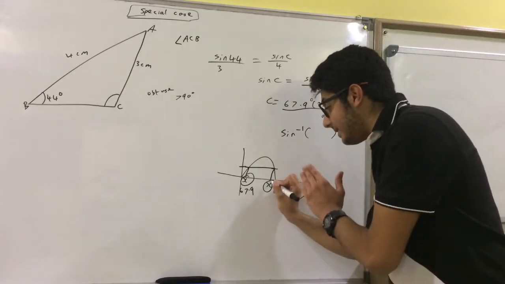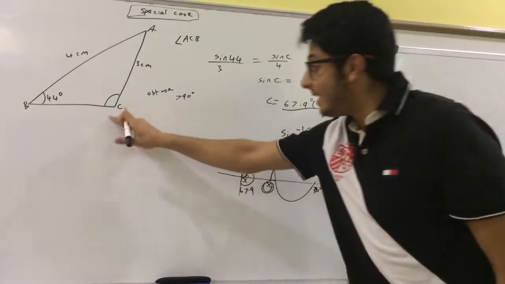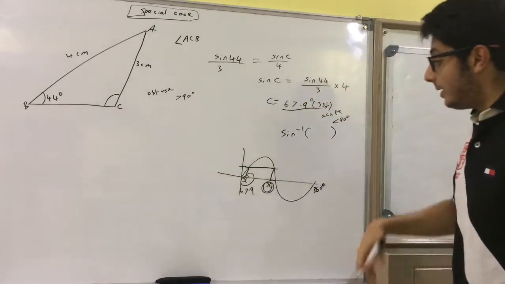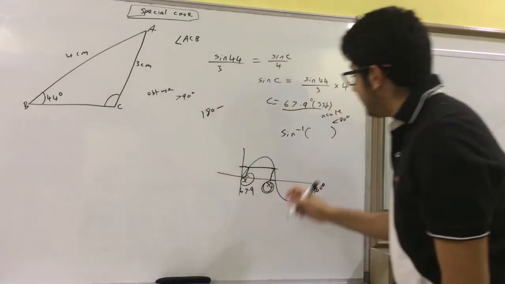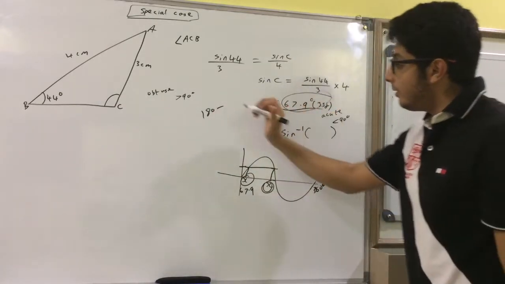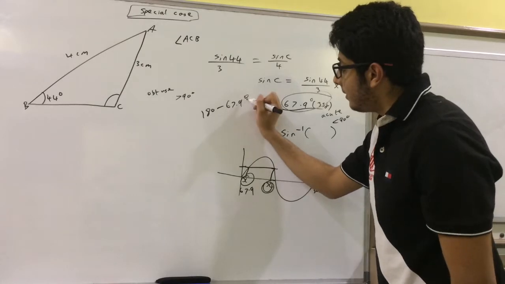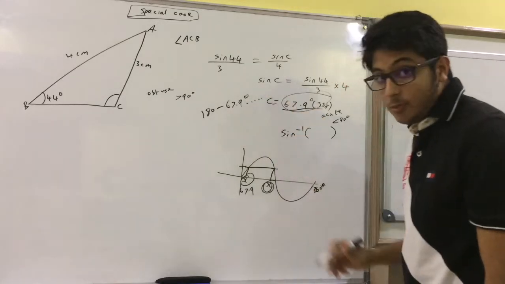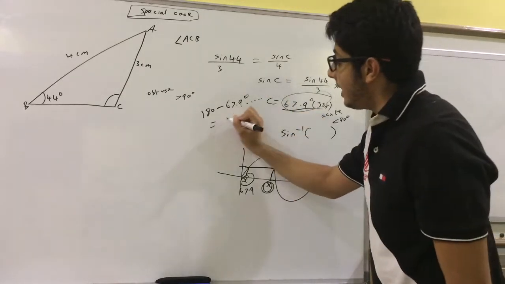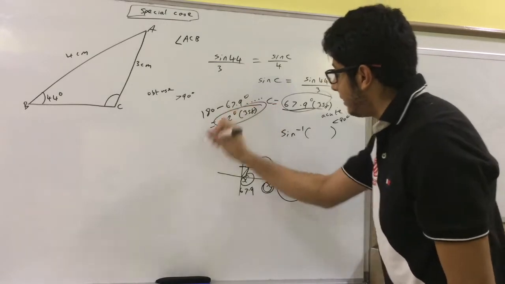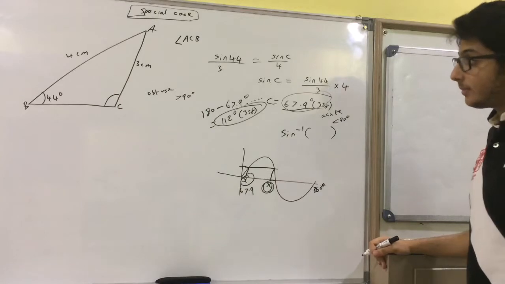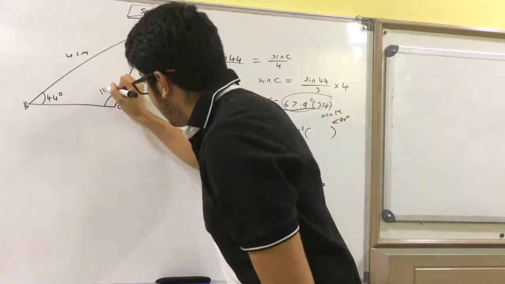This is the obtuse angle, which is this angle right here. To find that angle, you do 180 minus your acute angle. Obviously with all its decimal points, don't round it yet. And you get 112 degrees to 3 significant figures. So that's the answer, 112.